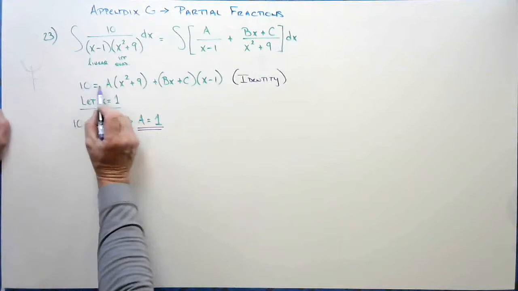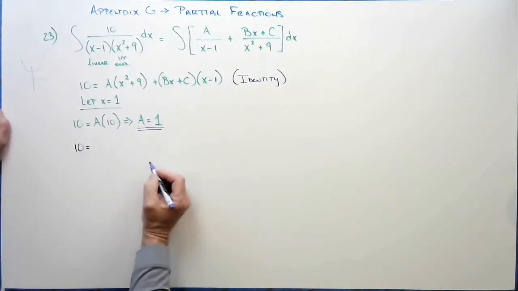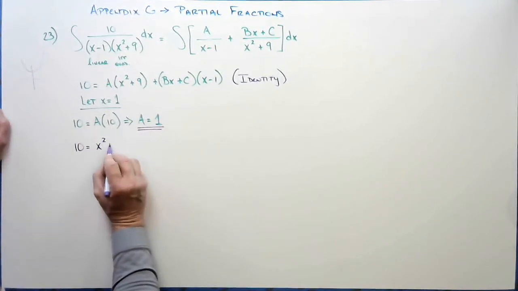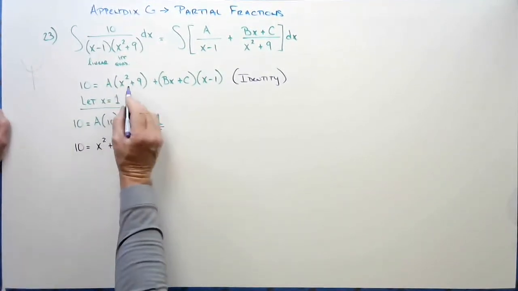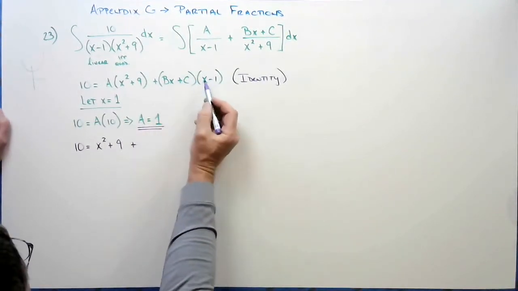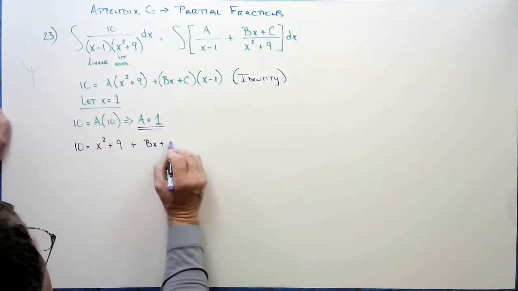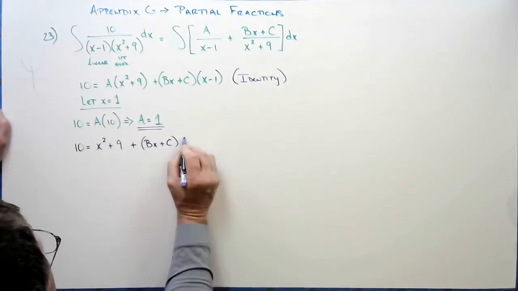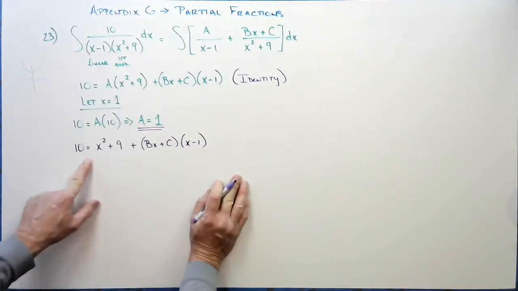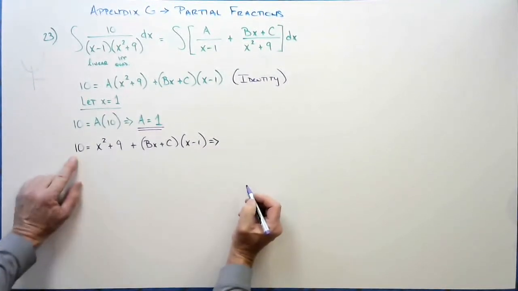Now I'm going to go back and I'm going to rewrite this. This is now going to say 10 is equal to, A is 1, so this is going to be x squared plus 9 when I multiply it by 1, plus, there's no A's over here, so here we're just going to have our Bx plus C times x minus 1. This 9 can move over here. So if we rewrite this identity, this 9 can come here.